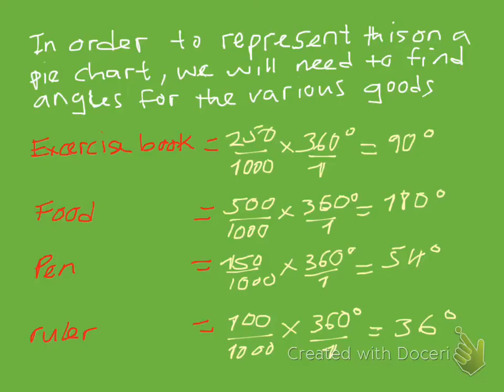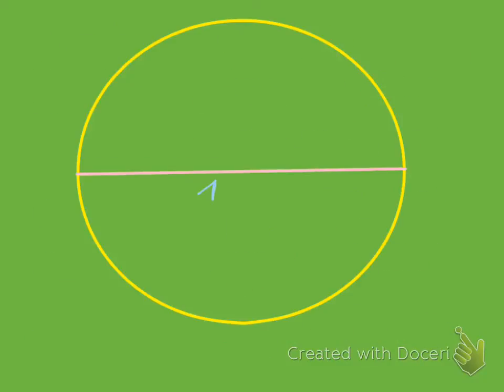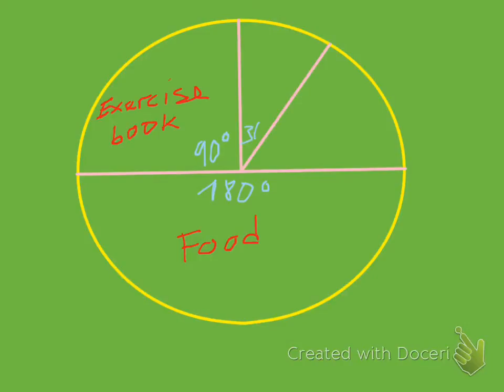Now that we have all these degrees, we'll fit all these angles within the 360 and name them depending on each portion. So this is the circle. Food, 180 degrees as we calculated before, 90 degrees for the exercise book, 36 degrees for the ruler, and 54 degrees for the pen.